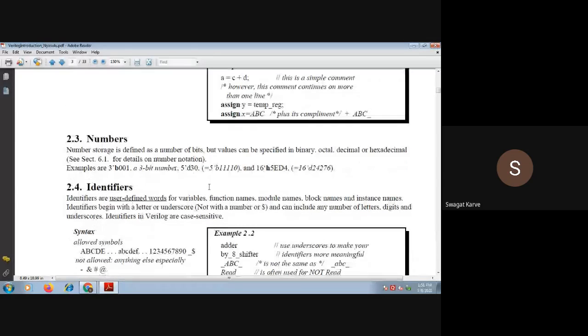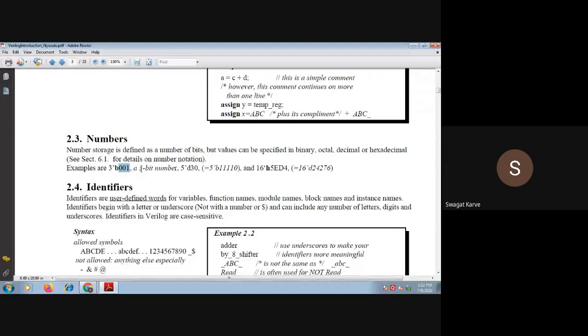Then numbers. How can you write numbers in binary, octal, decimal, hexadecimal in Verilog? Here are a few examples. If you want to write a 3-bit number, for example 011, how can you write it in Verilog? 3, apostrophe B, B for binary, and then you mention the bits, 0, 1, 1.